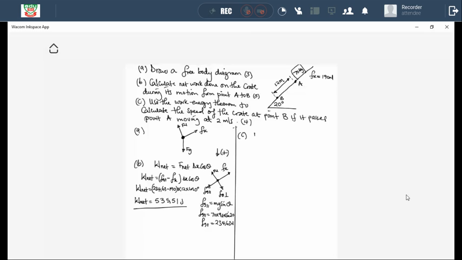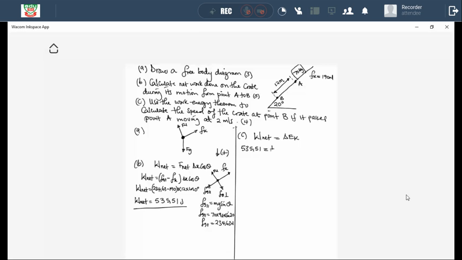So we are using the work energy theorem, which says W net is equal to delta EK. Remember, there is a mark for writing the formula as it is. Just writing that formula and attempting to substitute, there is a free mark for that. So our net work done we've already calculated, which is 535,51, which is equal to the change in kinetic energy. It's half m vf squared minus half m vi squared.